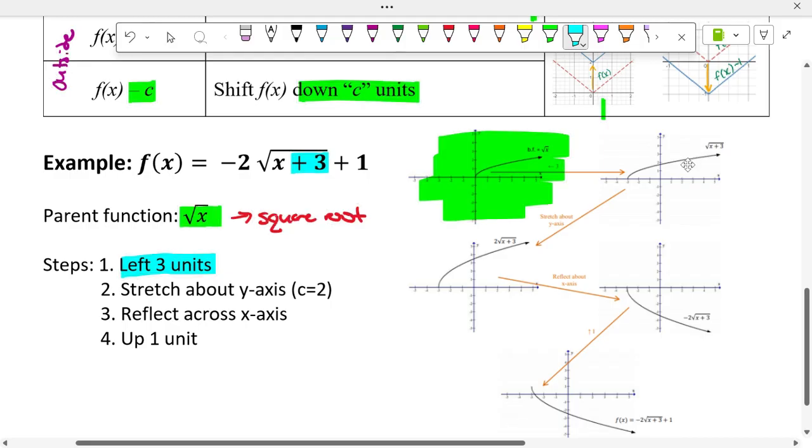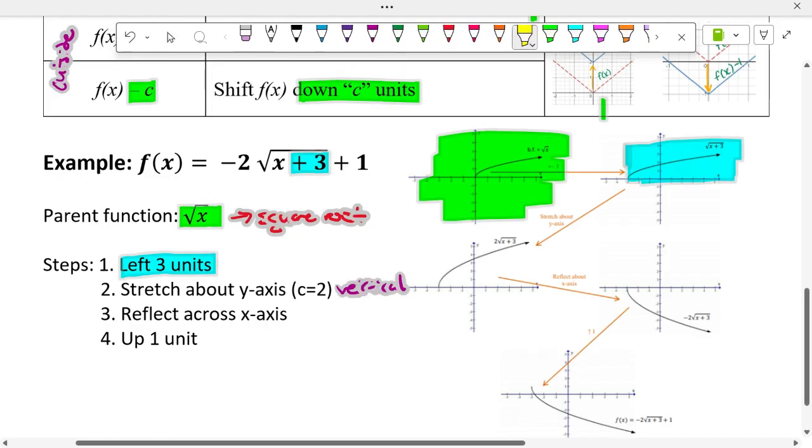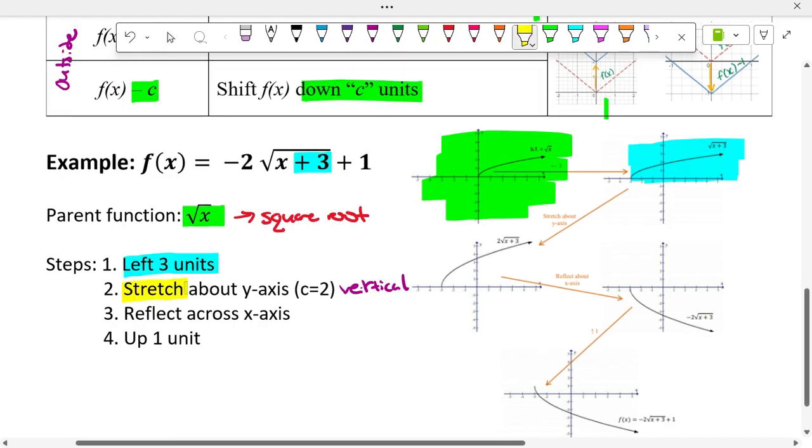So in other words, they took the vertex and moved it left 3 units. They then did a vertical stretch. They said stretch about the y-axis, but another name for that is vertical.